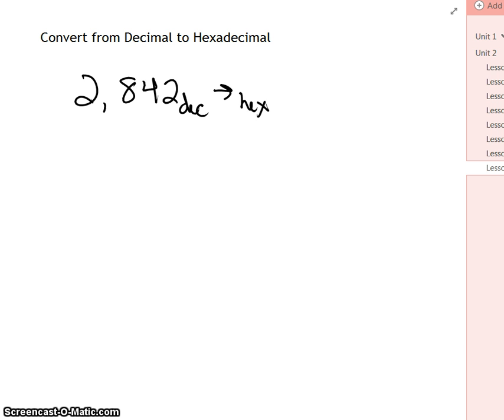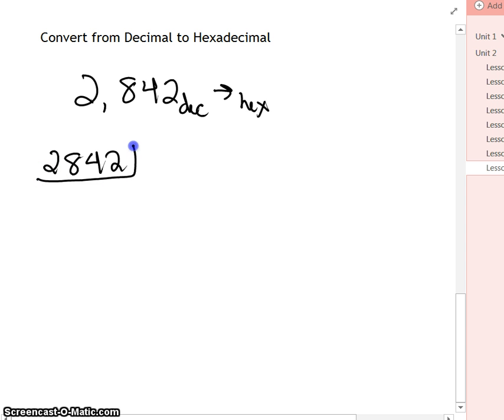Now for the test, for the AP, if you're taking the AP, you won't get a calculator. But for this, we're going to use one because we're going to have to do that the same way we did with binary.